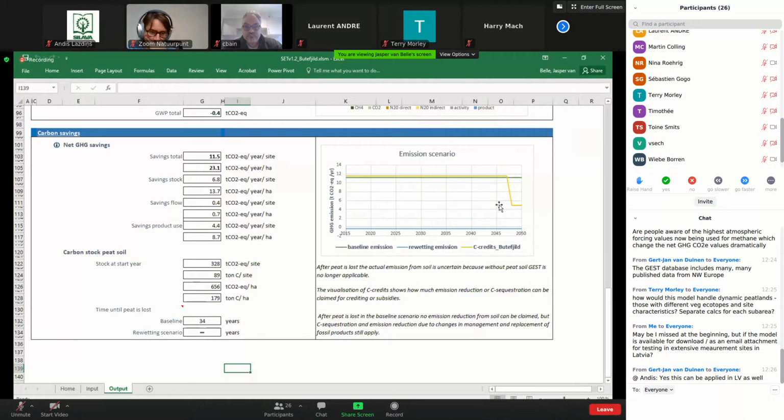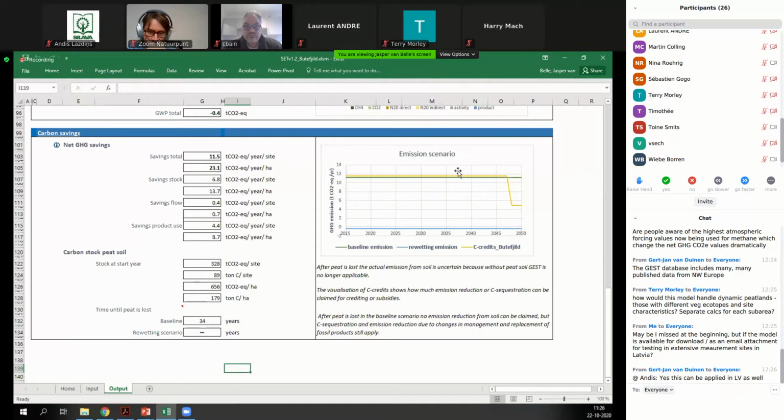What you see here is the blue line is the emission in the rewetting scenario. The green line is the emission in the business as usual scenario, and the orange line is of course the difference. What is interesting is that it dropped sharply at around 2048. This is because in the business as usual scenario, all the peat will have been lost by 2048.